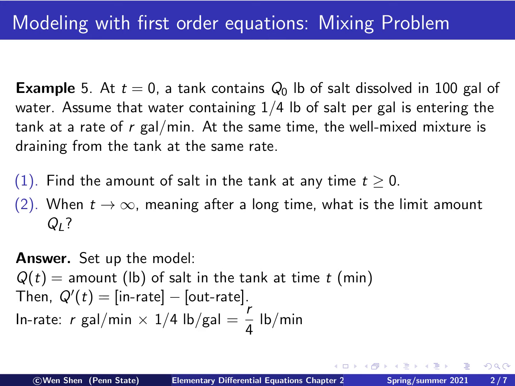What we have is r times a quarter, which is r over 4, and the unit in the numerator is pound, and in the denominator the unit is minute. So this product gives how many pounds of salt per minute is flowing into the tank. That is exactly the in rate we are looking for.